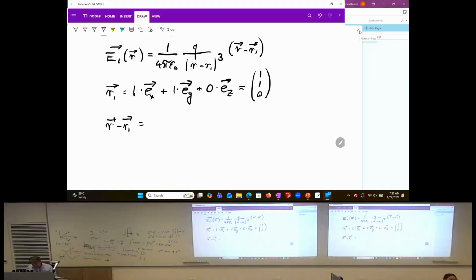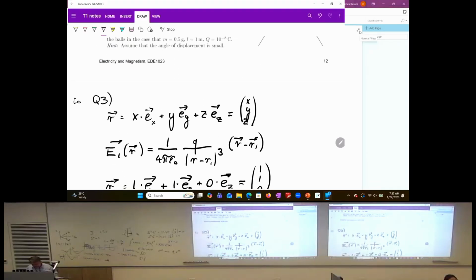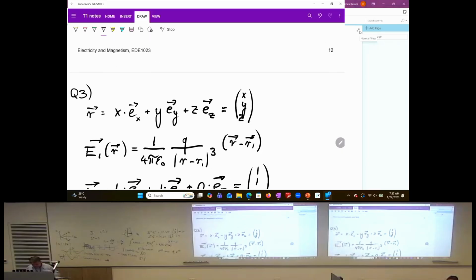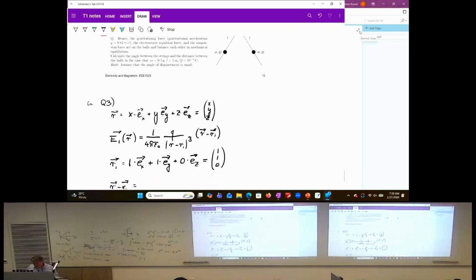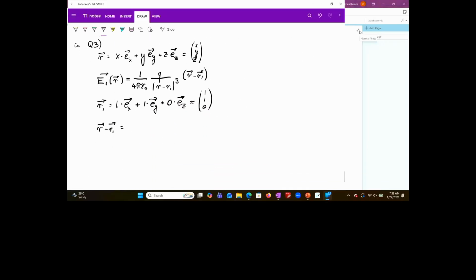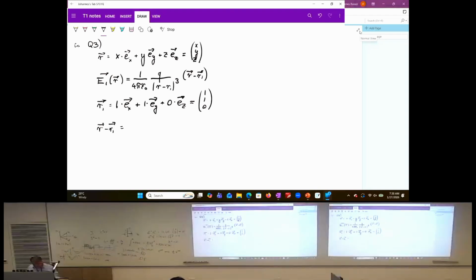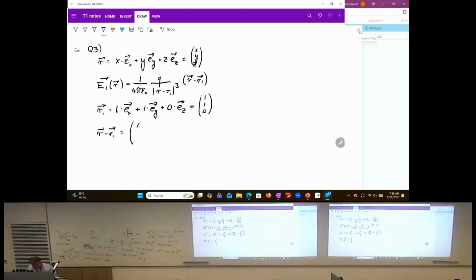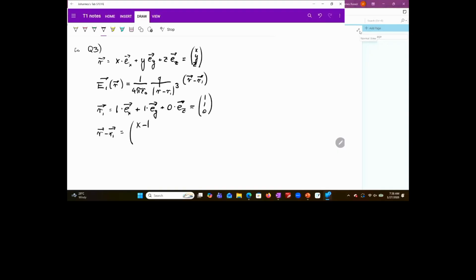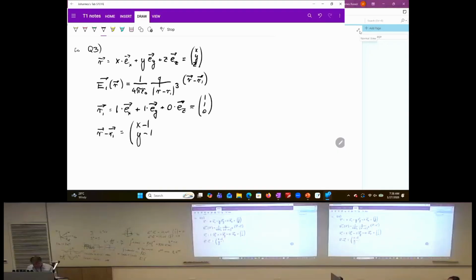Well, in the general form, because we have said R is X, Y, Z, and I would like to keep it right now general because that's what it is asked for. Give the electric field E as a function of X, Y, and Z. So R minus R1 is then basically X minus 1, Y minus 1, and 0.